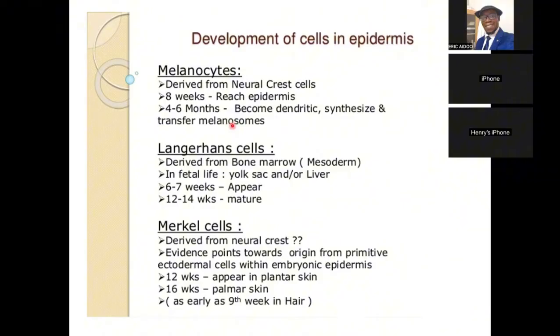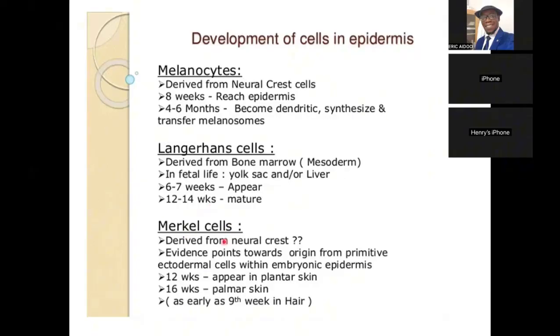The Langerhans cells are derived from bone marrow, and we know bone will develop from mesoderm. In fetal life, the yolk sac or the liver performs a similar function for the Langerhans cells. Between 6 and 7 weeks they appear, and then they mature around the 12th to 14th week.